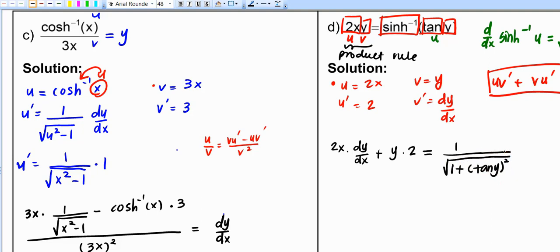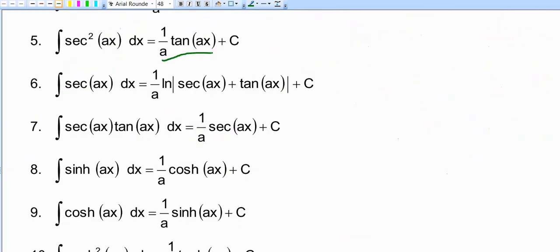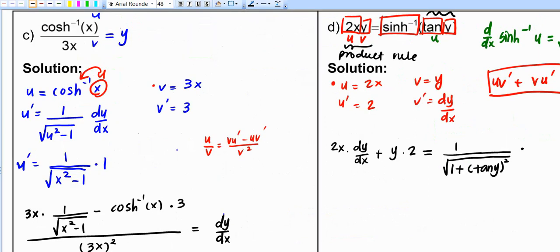The next step is to differentiate u, which is tangent y. If you don't remember, just look at your appendix. Differentiating tangent ax gives secant squared ax. So differentiating tangent y gives secant squared y.